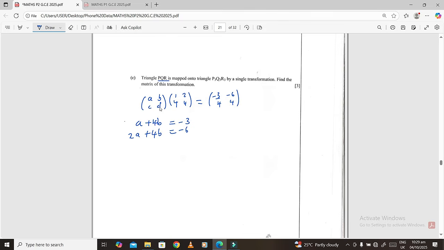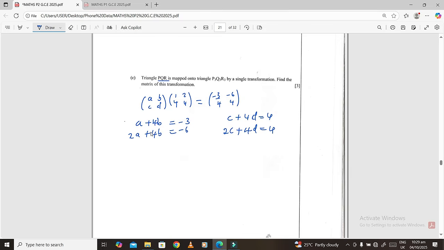We come to the bottom row, which is C times 1, it's a C, D times 4, it's a 4D, which is equal to a 4. We come to this and this, C times 2, it's a 2C, then here D times 4, it's a 4D, which is equal to a 4.